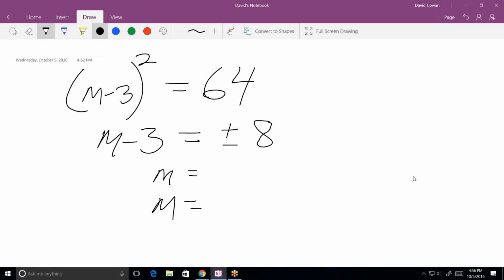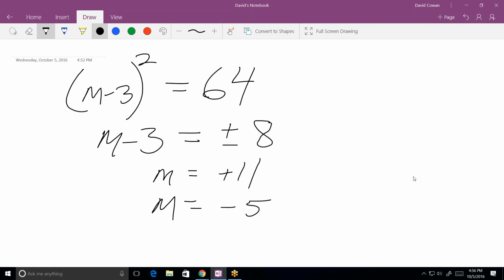No, I'm going to have to move this minus 3 to the other side. So I'm going to add 3 to both sides. One solution is plus 8 plus 3, which is 11. And the other solution is minus 8 plus 3, which is minus 5. So my two solutions are 11 and minus 5.